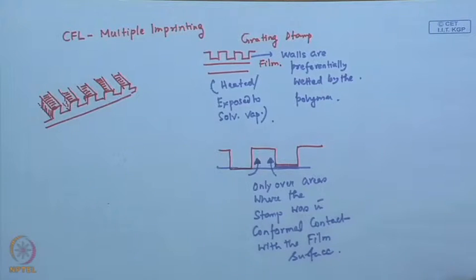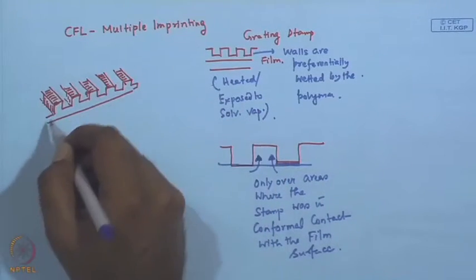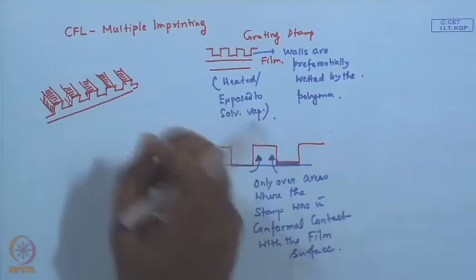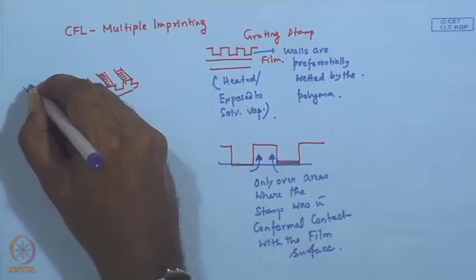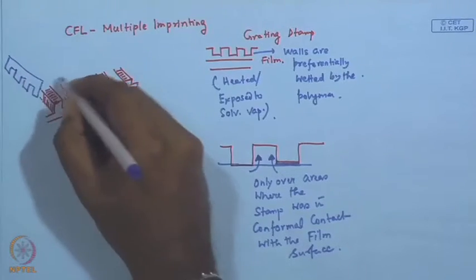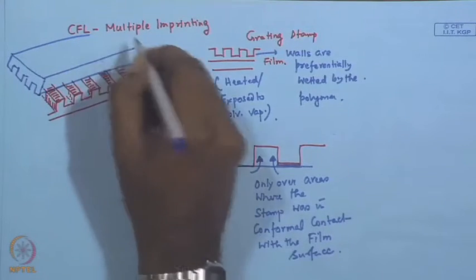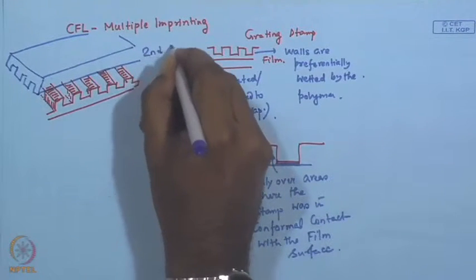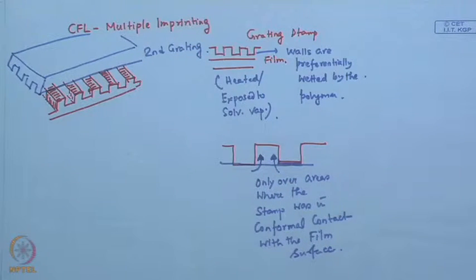Now, in this approach, one of the easiest things that can be done is that once you have a patterned film, which is all that polymer but now contains a negative replica of the first grating, you simply place another grating, maybe the same grating with the same geometry, at some angle with the already created structures.